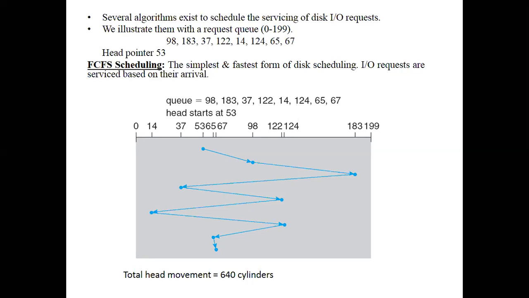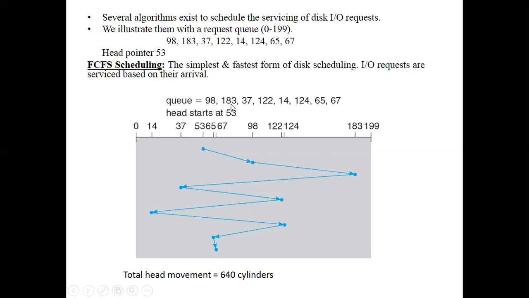Our current position starts at 53. From 53, we are moving to the first request in the queue, which is 98. From 98, I am moving to the request 183 since it is the second request in the queue.